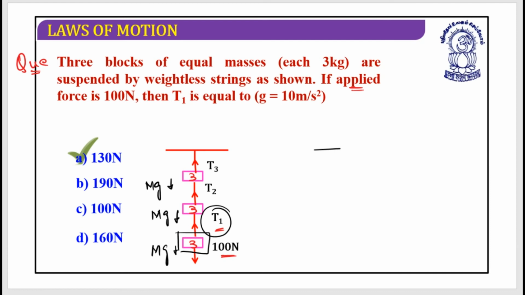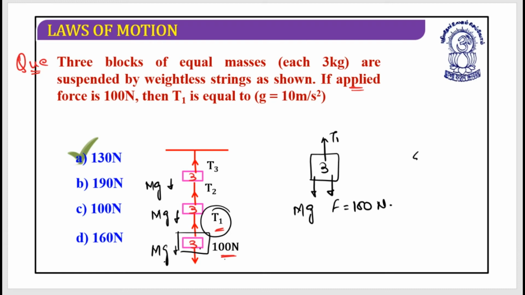This system can be seen like a 3 kg block. It has been applied with F external, which is 100 Newton. One more force is M into G, and in the upward direction the tension force is there. Now does it move anywhere? Neither in the upward direction nor in the downward direction.